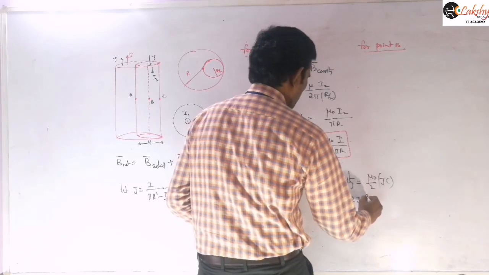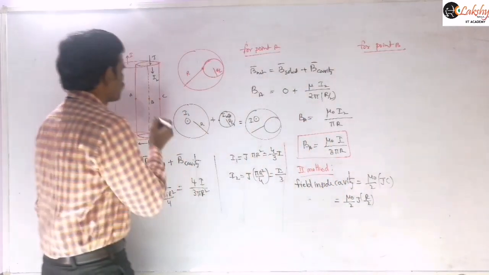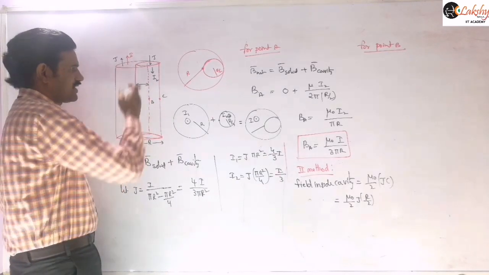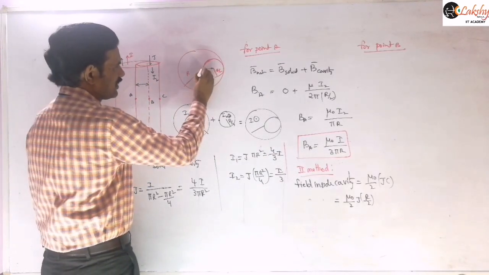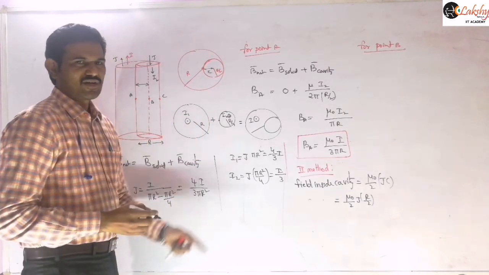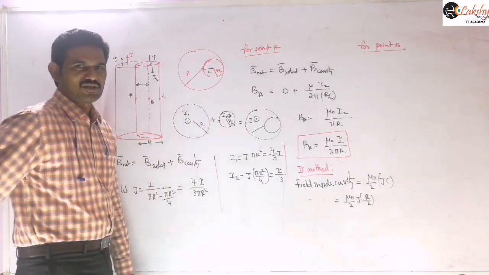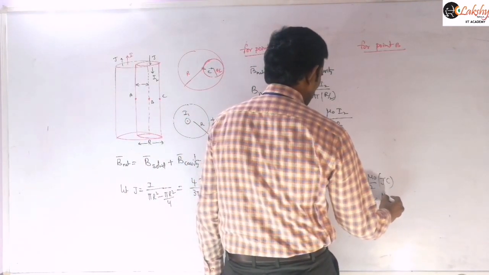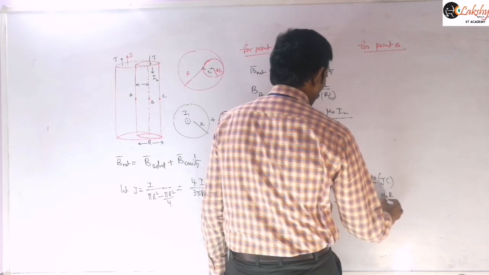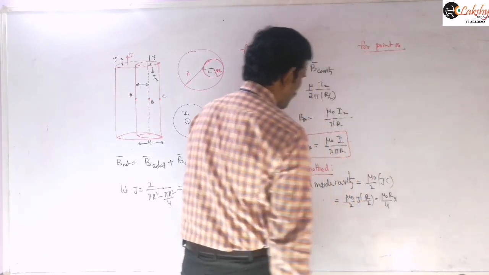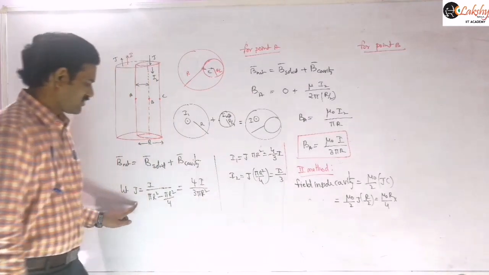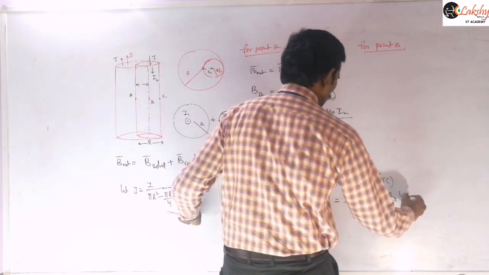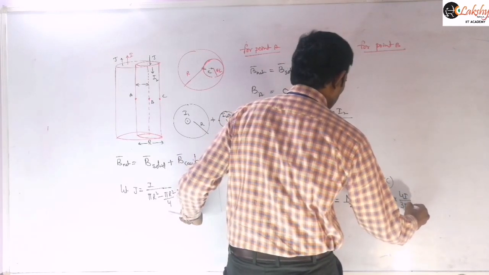So J into that C value, which is nothing but R by 2 here. This is our C, the distance between the axis of the cylinder and the axis of the cavity, right? So that C value is nothing but R by 2. Now you can directly apply that formula here. So you will get this value as mu naught R by 4 into J. Now that J value you can substitute by using this relation here. This is our J value, which I can write as 4I by 3 pi r square.